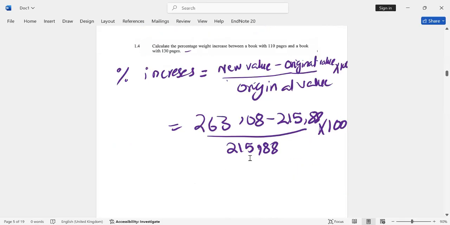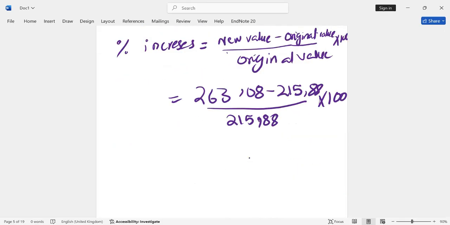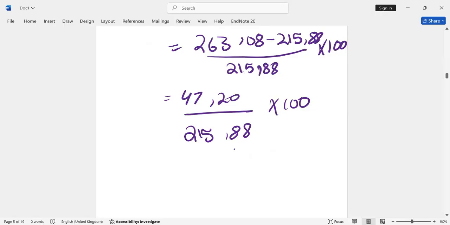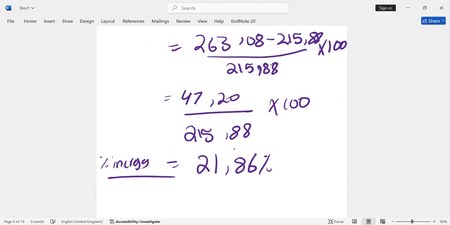After solving this, we get 47.20 over 215.88 multiplied by 100, which gives approximately 21.86 percent. So this is the percentage increase, the required answer.